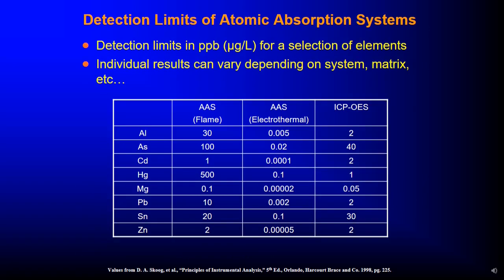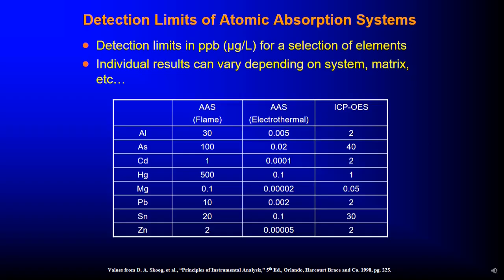And the detection limits of atomic absorption spectroscopy, as you can see. So in comparison, the flame, the electrothermal, and the ICP-OES, you can see the variation there.